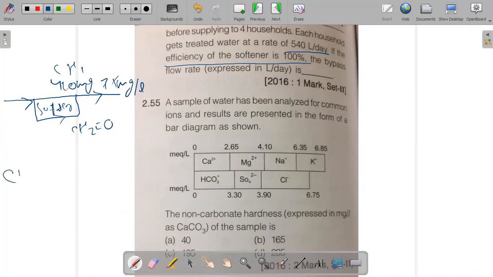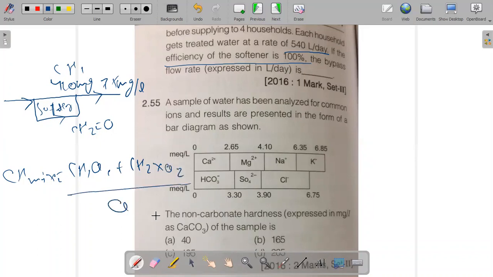So we have the formula that CH mix is equal to carbonate hardness of 1 into its flow rate plus carbonate hardness of second into its flow rate, upon total flow rate.